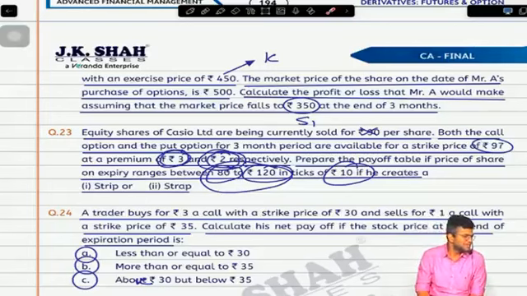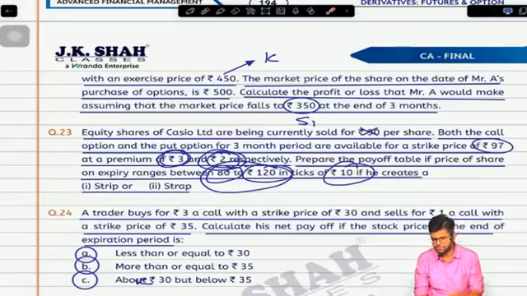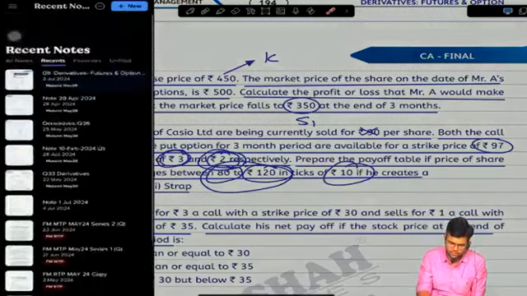So, yesterday's lecture, we started with binomial tree. Correct, no? Binomial risk neutral model. And in binomial risk neutral model, where did we reach?